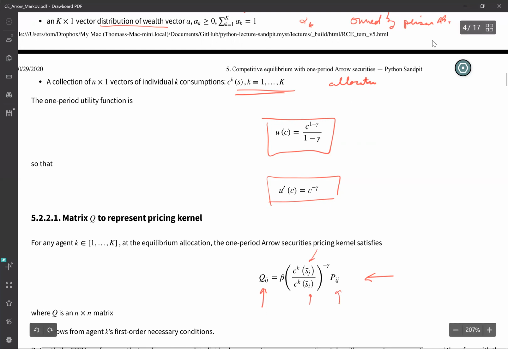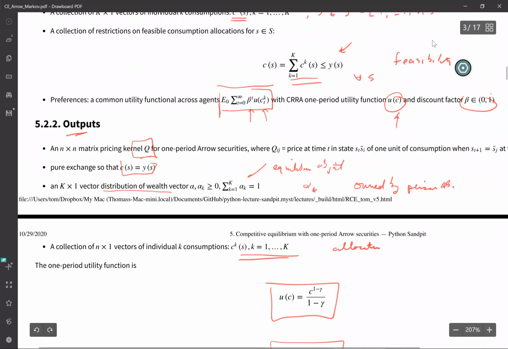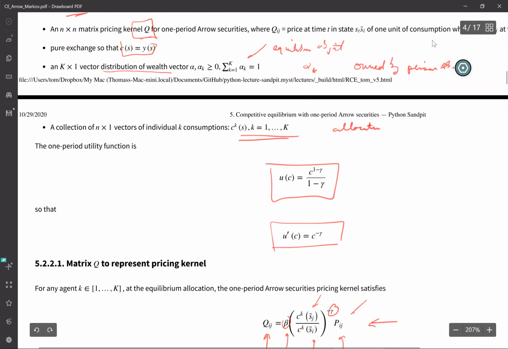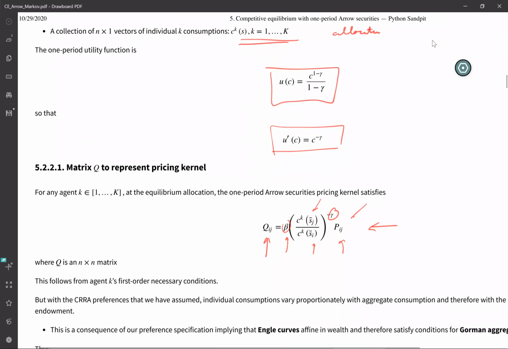These pi_ij's, he knows those. Beta is a characteristic of this. So beta and gamma are preference parameters. Decision theorists would say pi_ij's are also preference parameters. They tell something about how the person feels about trading off consumption at different states.